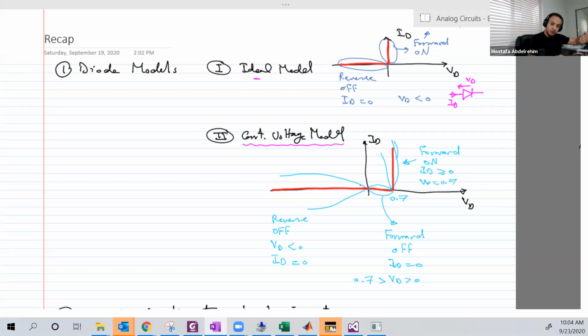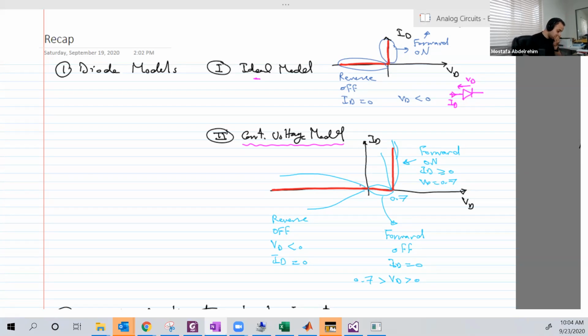But in forward, there are two regions. Between 0 and 0.7, or whatever the on voltage, or the turn on voltage, or the built-in voltage of the diode, it's forward, but it's still off, because the diode needs 0.7 so that the current can change exponentially while the voltage is not changing so much.